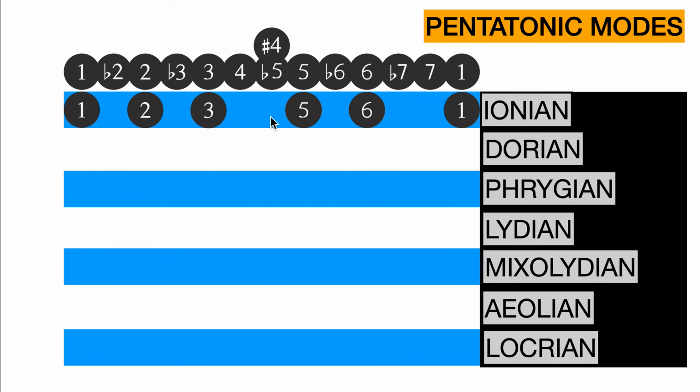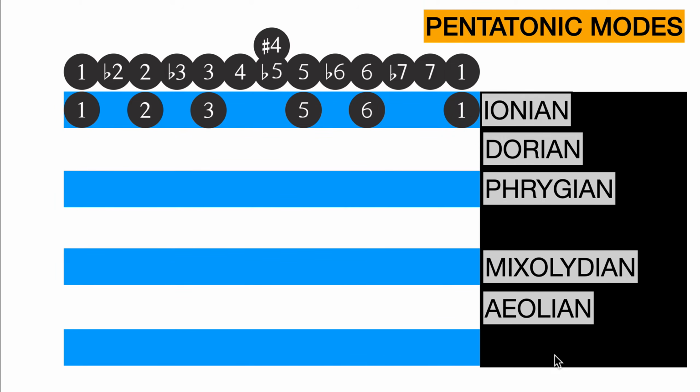And as a result of deleting the 4 and the 7, there will also be no 4th mode or 7th mode. There will just be the Ionian, Dorian, Phrygian, Mixolydian, and Aeolian modes. And this pentatonic system, you could argue there's other 5-note patterns, and there are.